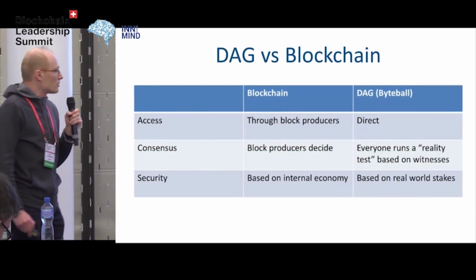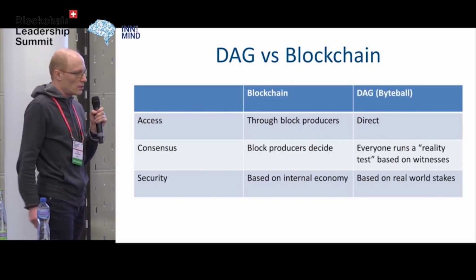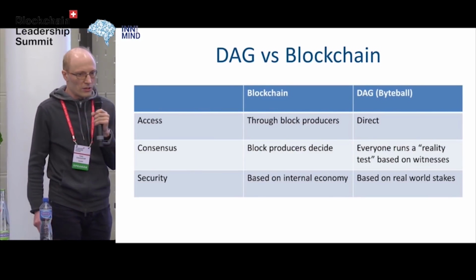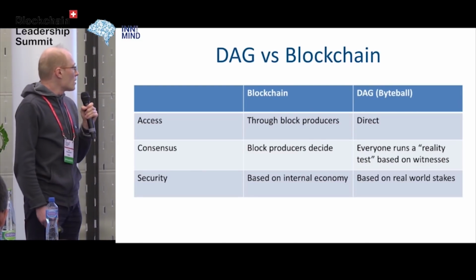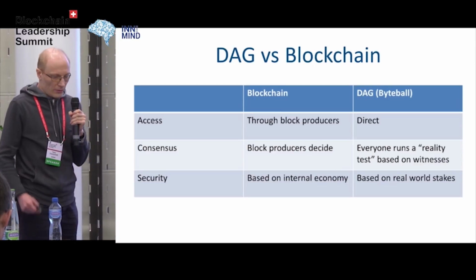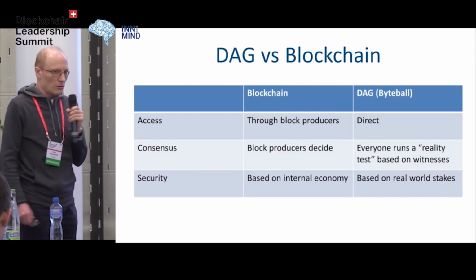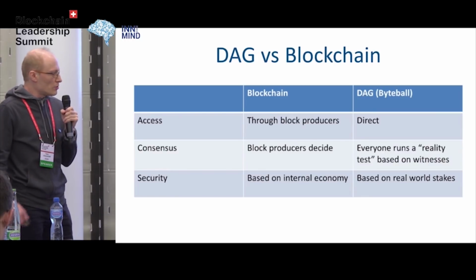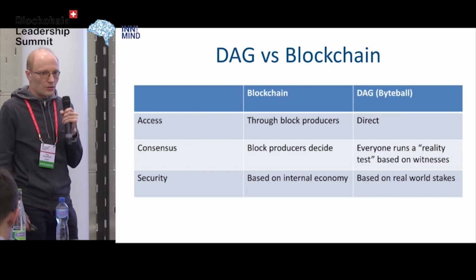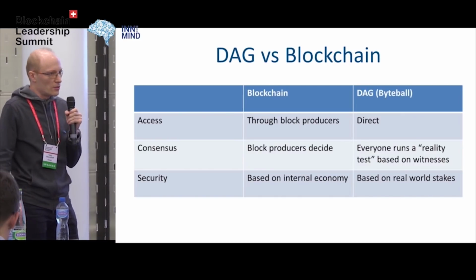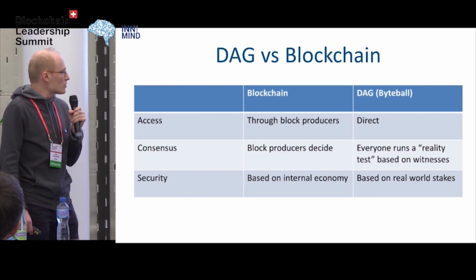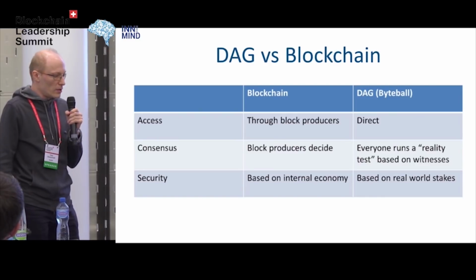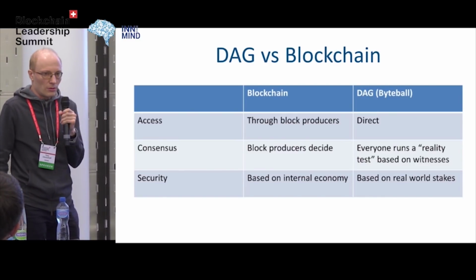Next, the security of blockchains versus the directed acyclic graph in Byteball. In blockchains, the security of the blockchain as a whole is based on internal economy. The block producers are incentivized by block rewards, which are denominated in the native currency of the blockchain, and the security of this design inevitably depends on the size of the internal economy.